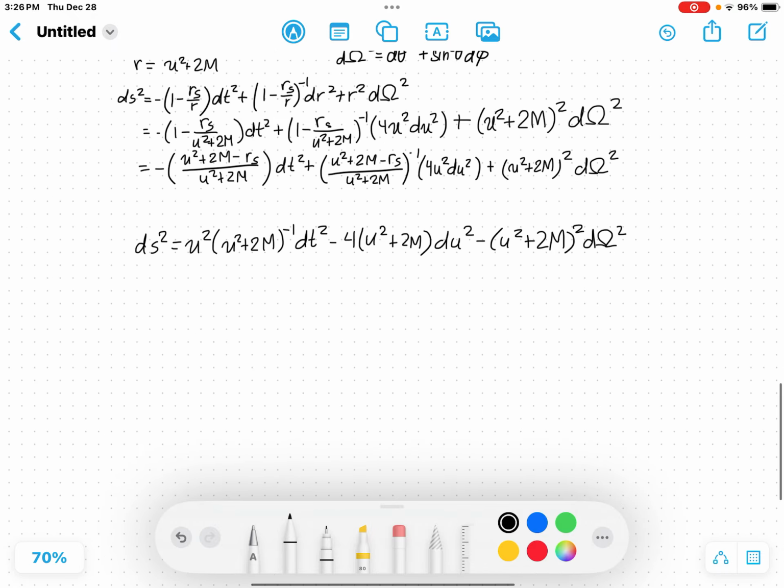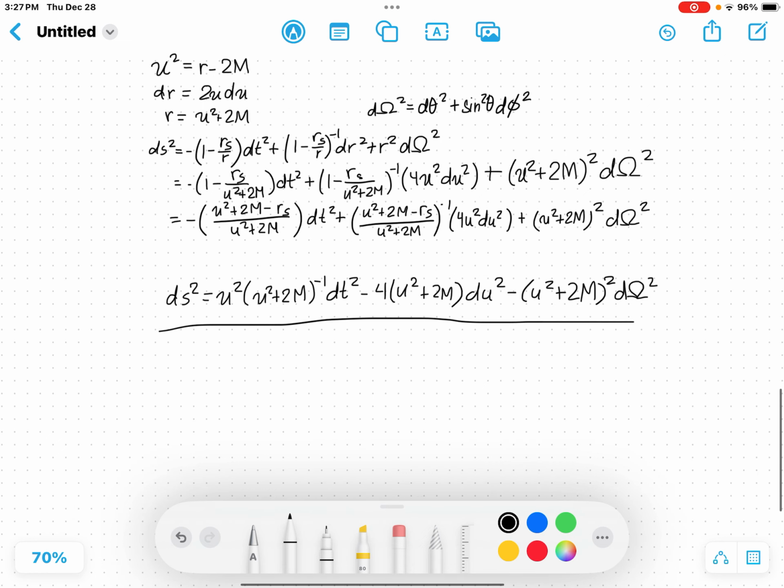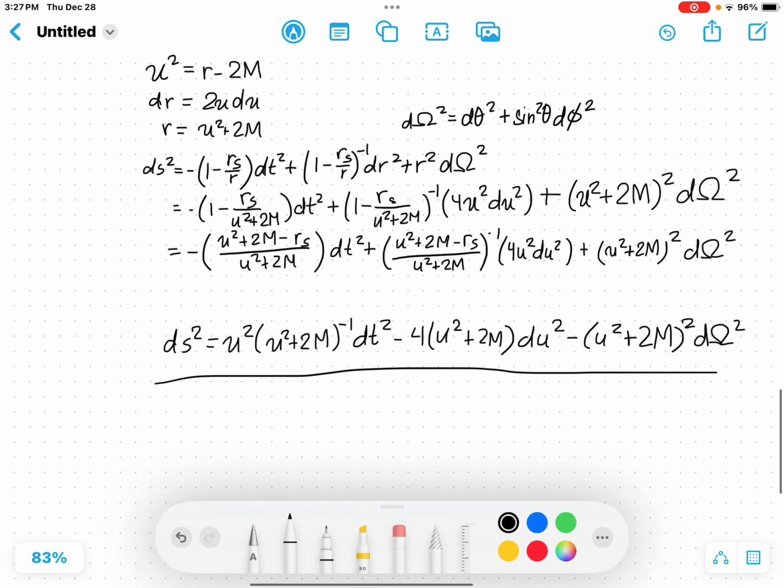And I want you guys to verify that this one is equivalent to, of course, my original one, making the appropriate substitutions.